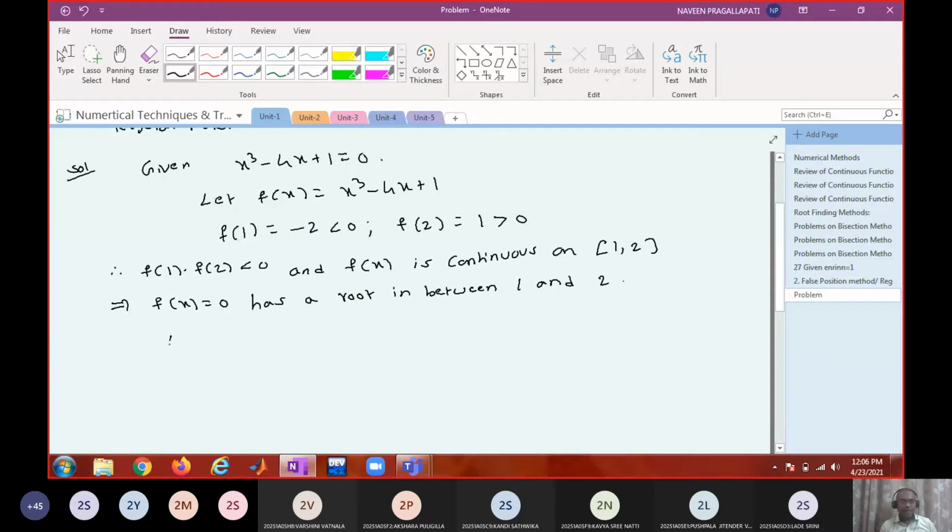So apply the false position method with a1 equal to 1 and b1 equal to 2. Is that okay?